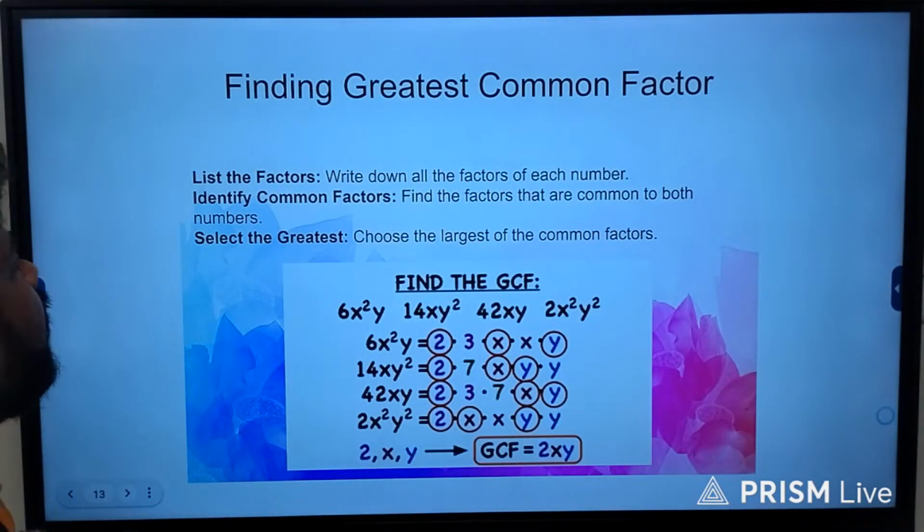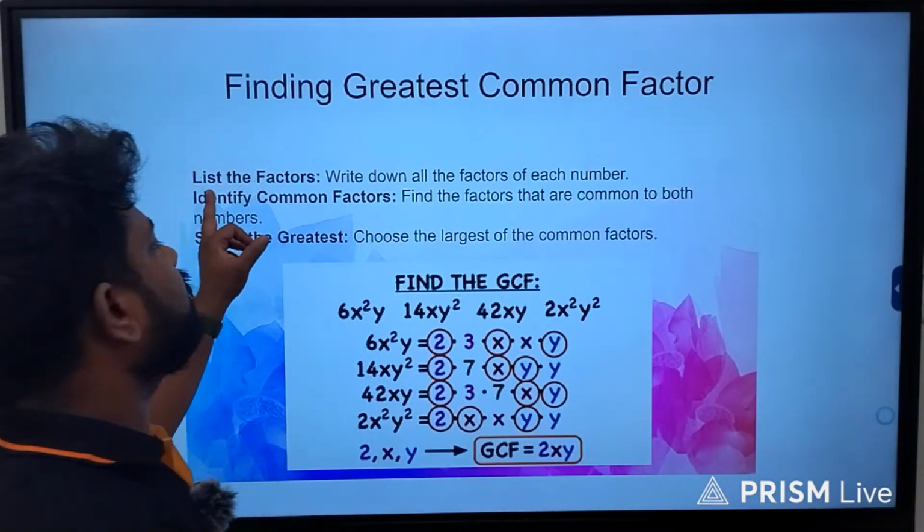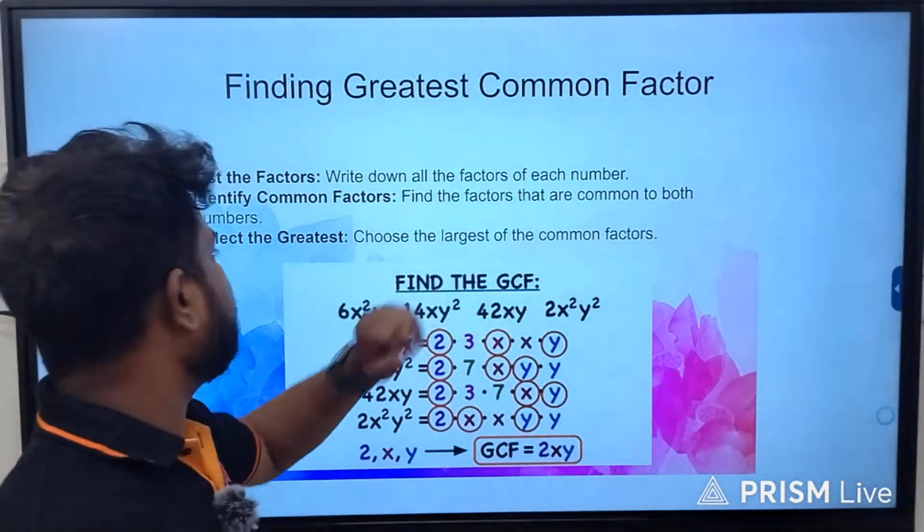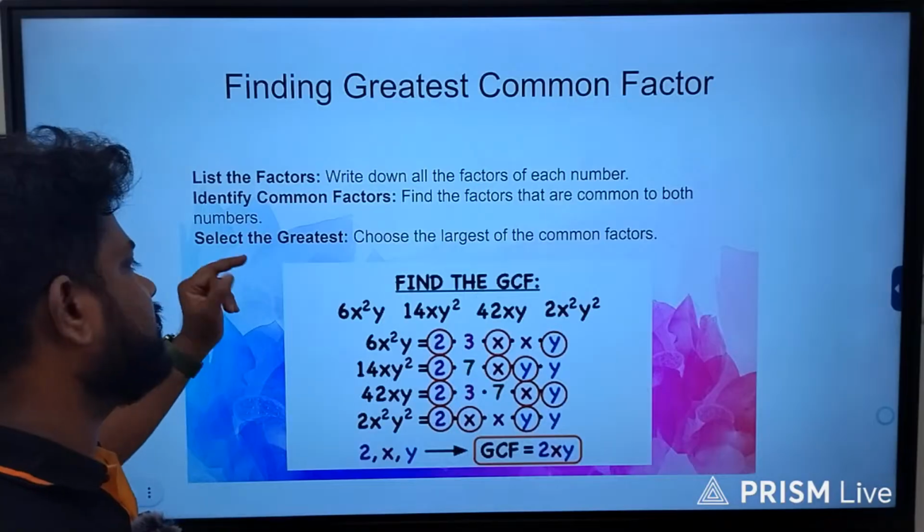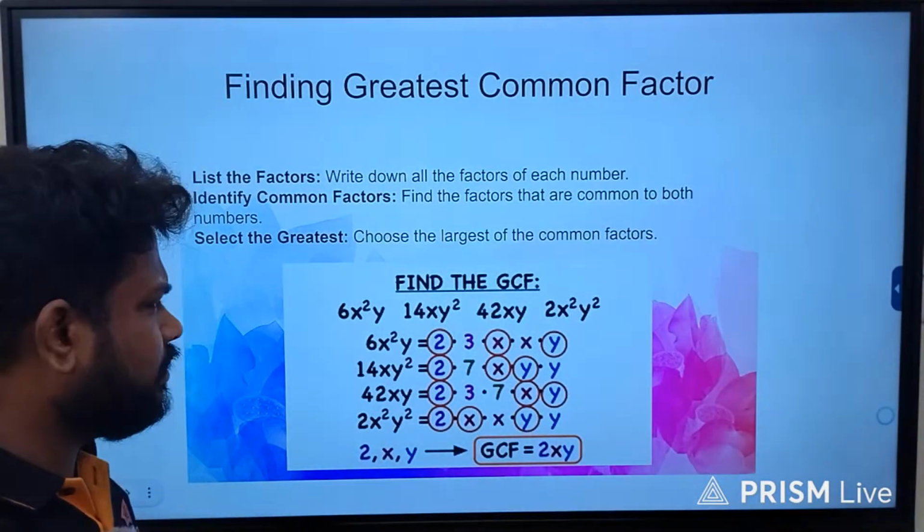Next, finding the greatest common factor. List the factors, write down all the factors of each number, identify common factors and select the greatest. So, a similar one.